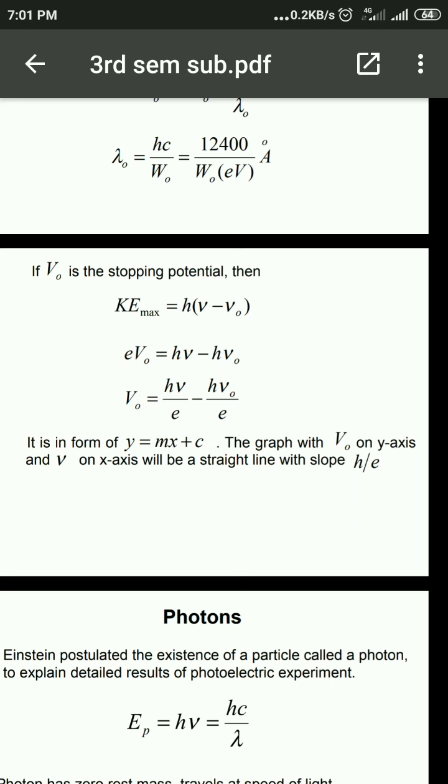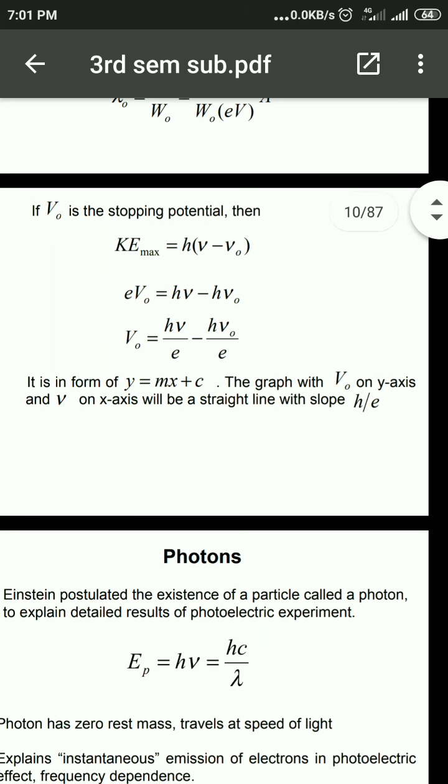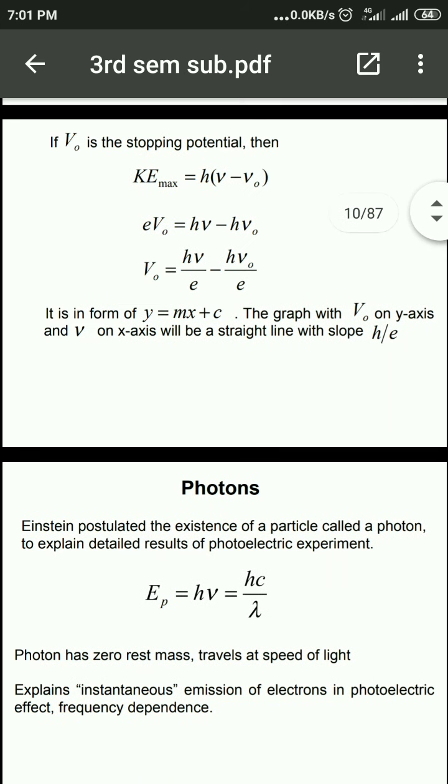So eV0 is equal to h nu minus h nu 0. And now we divide the whole equation by e. Then we will get V0 is equal to h nu by e minus h nu 0 by e. And here this equation now becomes in the form of y is equal to mx plus c. This is a linear equation, and you can plot y versus x.